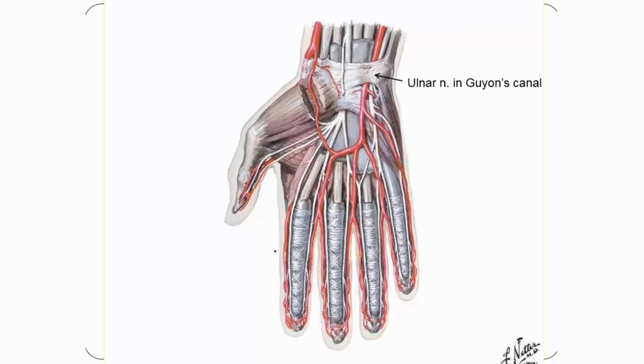So here we can see, again, the ulnar nerve in Guyon's canal or tunnel, the distribution of the ulnar nerve to the medial 1.5. Those branches on the palmar side, again, give branches that go around and get the nail bed, and you can see an indication of those branches going around.